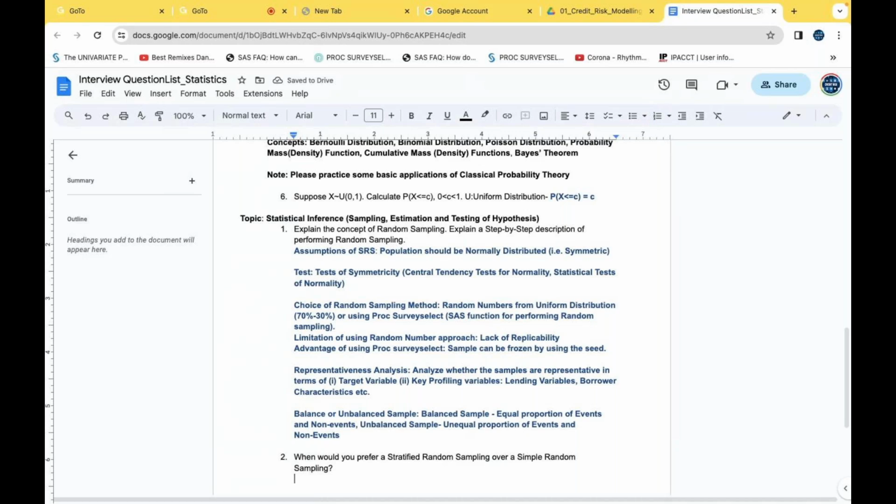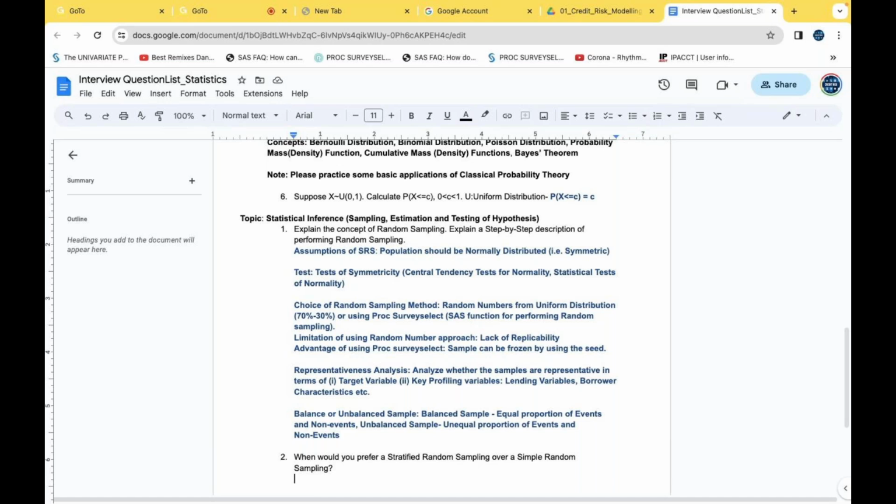I would prefer a stratified random sampling over a simple random sampling when there are certain key categorical variables in the data, which represent the portfolio and the customer behavior, that must have the exact distribution in the development and the validation sample as in the population distribution.